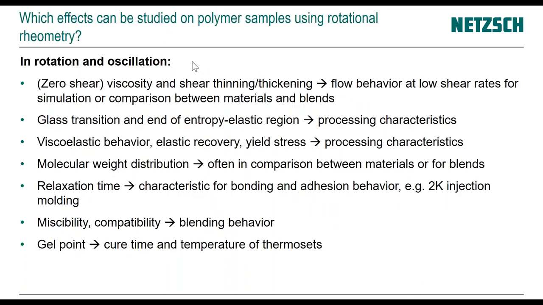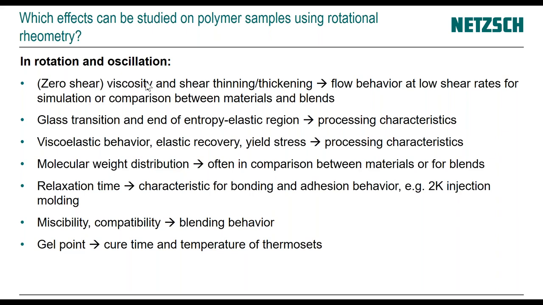And what we can use that for to study polymers in general, both rotation and oscillation, we can learn about the viscosity and the shear thinning behavior, which tells us something about the flow behavior. Then the glass transition temperature and the entropy elastic behavior, also the viscoelastic behavior, which is relevant to understand processing characteristics.